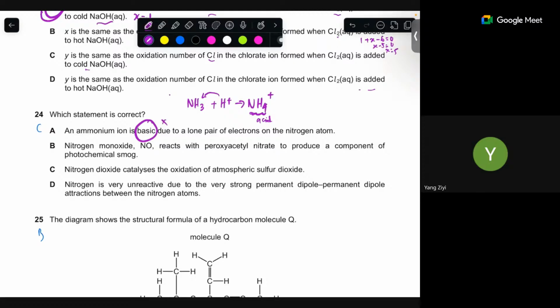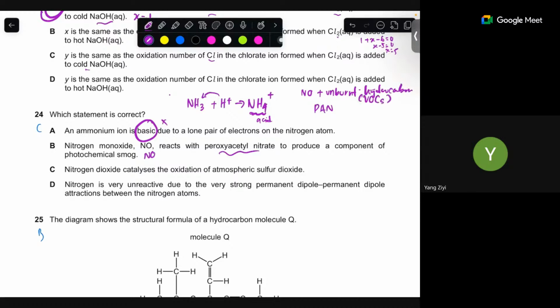It's wrong. Then nitrogen monoxide reacts with PAN. Remember just now, NO reacts with unburned hydrocarbon to produce a component in photochemical smoke. Okay, so how do you get PAN? Nitrogen monoxide reacts with unburned hydrocarbon, which is known as VOCs.